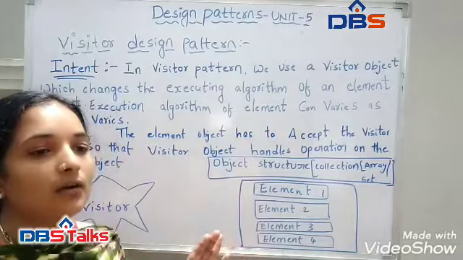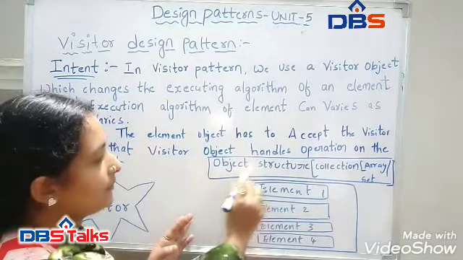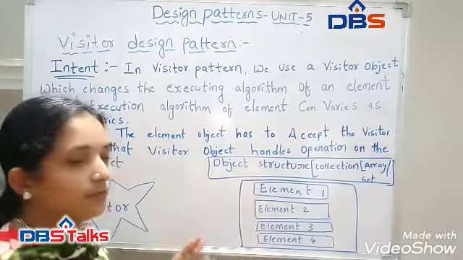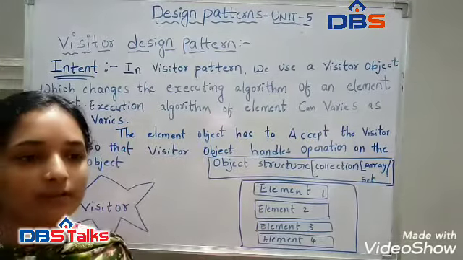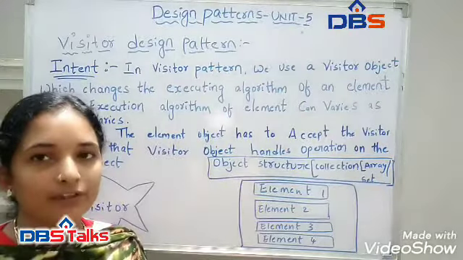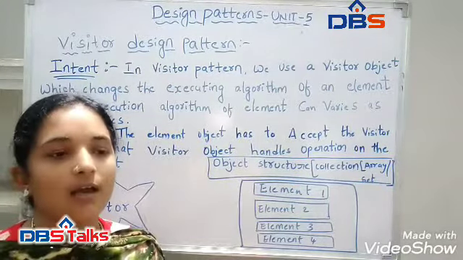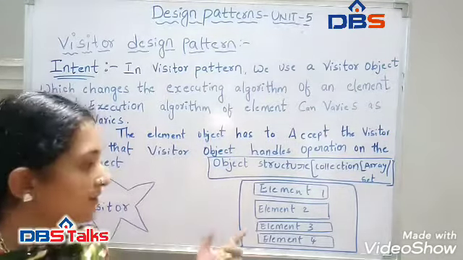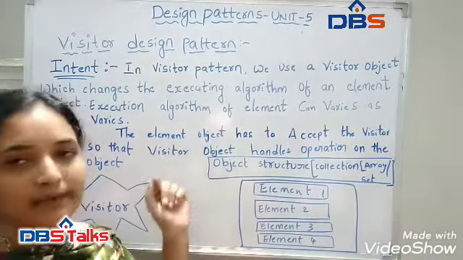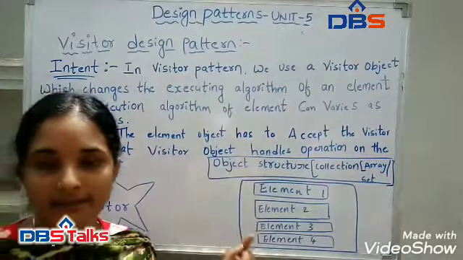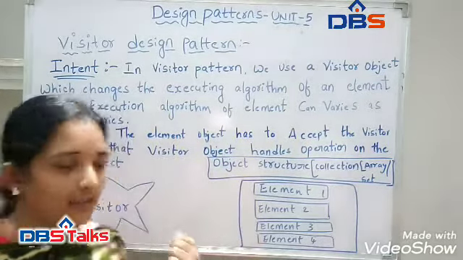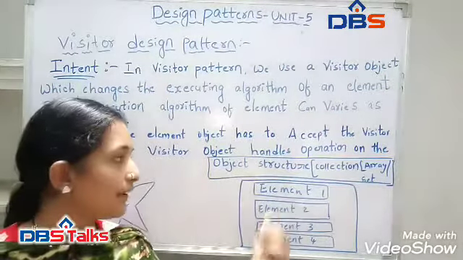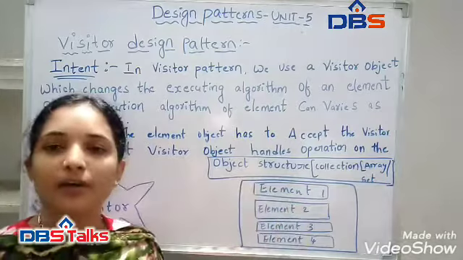Suppose I have four elements in the object structure: element 1, element 2, element 3 and element 4. If we want to perform a common operation on the object structure, we have to use the visitor design pattern. The visitor design pattern will use the visitor object, and this visitor object will visit each and every element of the object structure and perform a common operation.